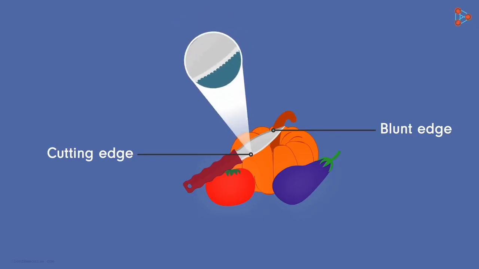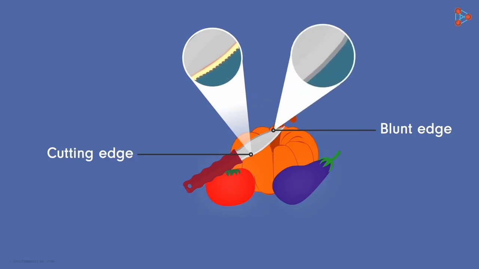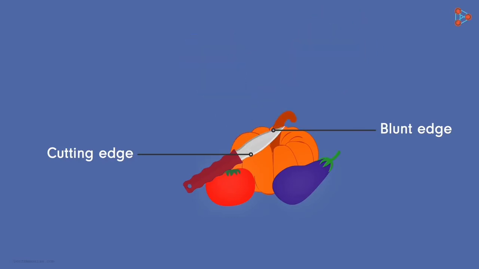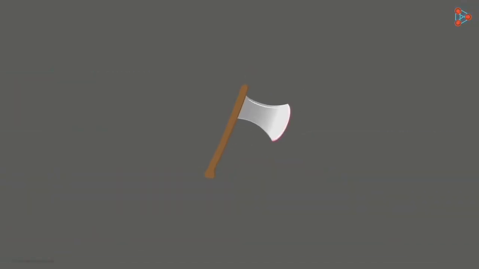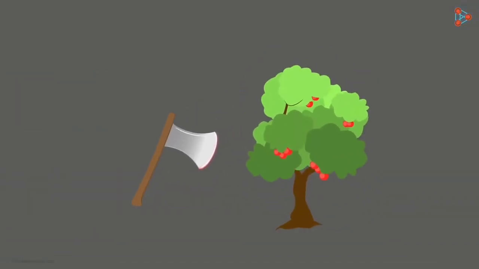Because the cutting edge has less area, that's why we can apply more pressure there and cut easily. If we use the blunt edge for cutting, we cannot cut vegetables properly. Area of contact reduced here, then we will get more pressure. Area less, more pressure. I am repeating that same sentence.